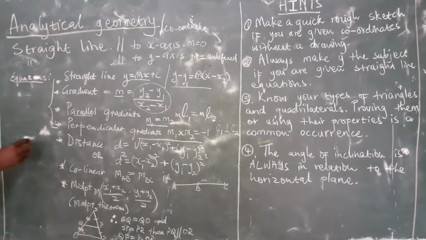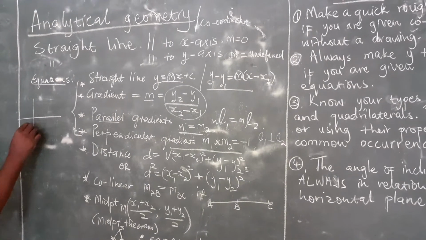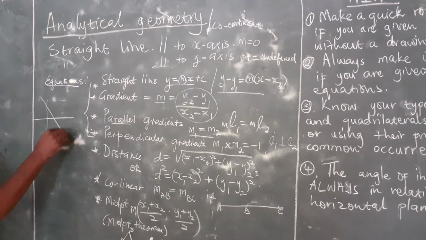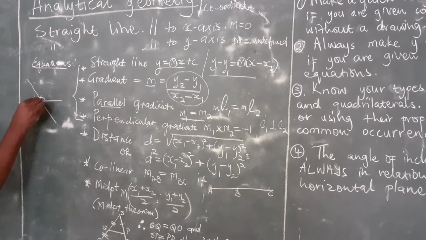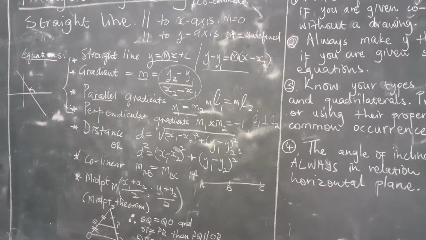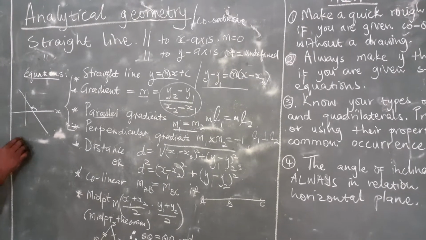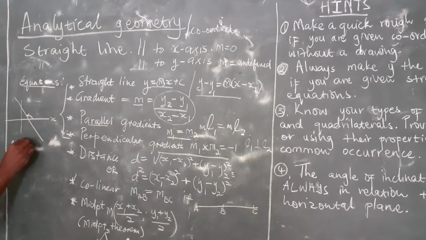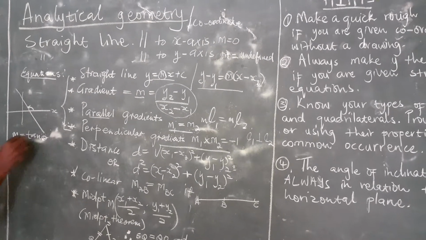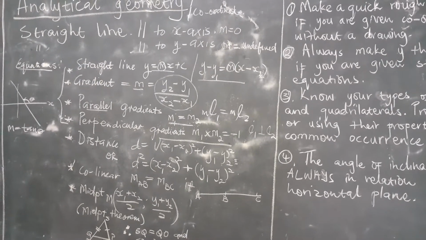But sometimes they need you to show them the angle of inclination. We make the angle of inclination with the positive x-axis. When we do it with the positive x-axis, the equation is m equals tan theta, where theta is the angle of inclination.